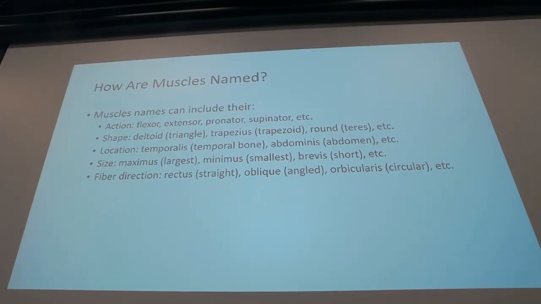Direction of the fibers. If it runs straight, you call it rectus. If it runs at an angle, you call it oblique. If it runs circular, you call it orbicularis. If it runs horizontally, you call it transverse.